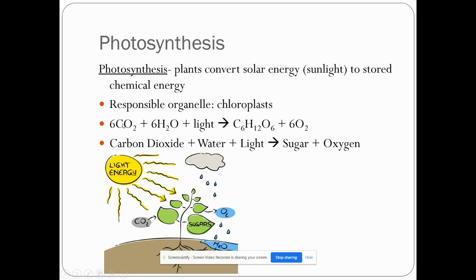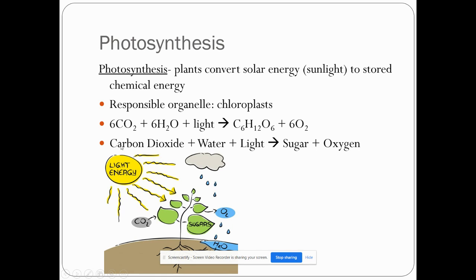Okay. If I were to ask you, what do plants need? I think it's pretty unquestionable that plants need water, right? We water plants. If you ever had a plant die because you didn't water it, you know that. Plants need light, which is the energy source, right, from the sun.